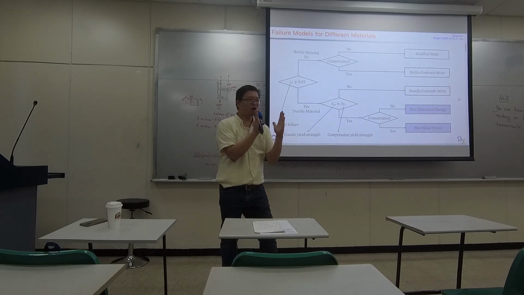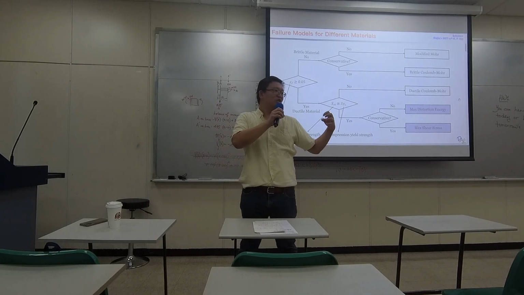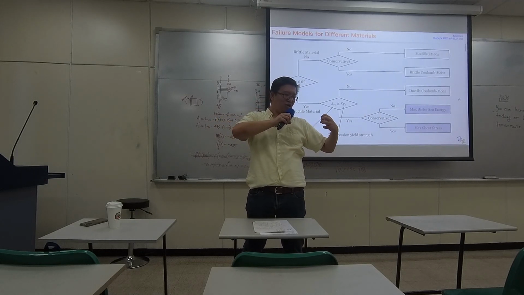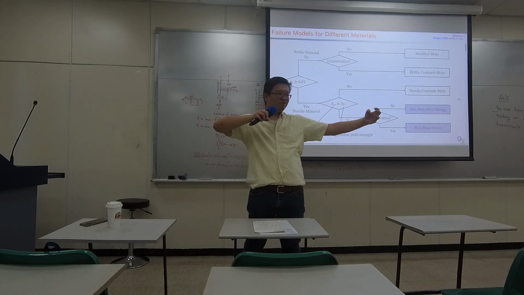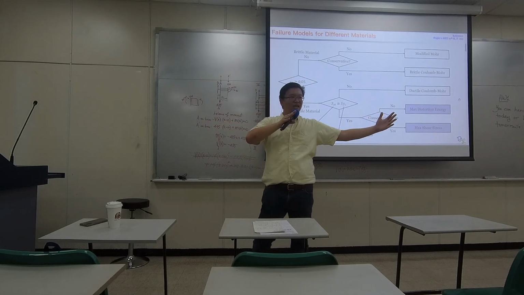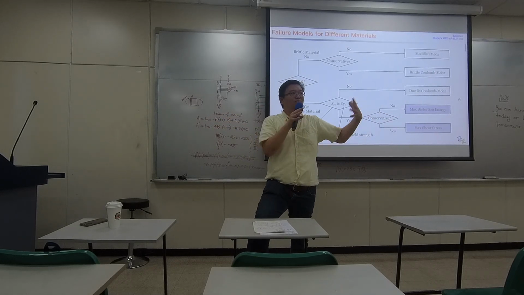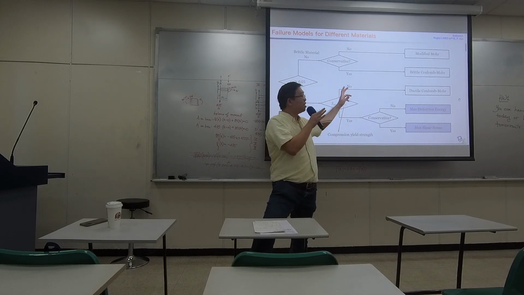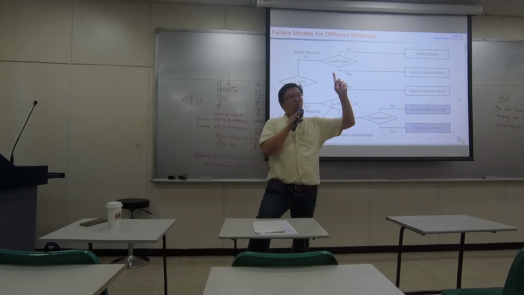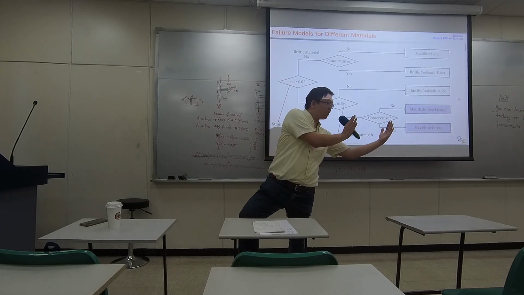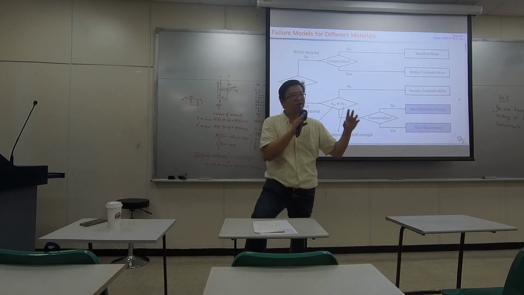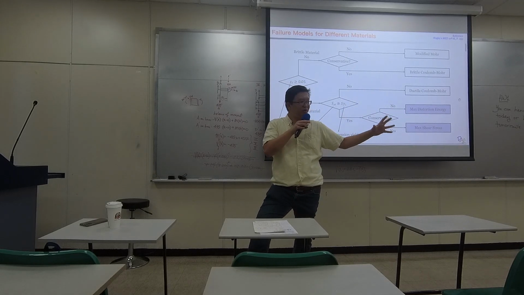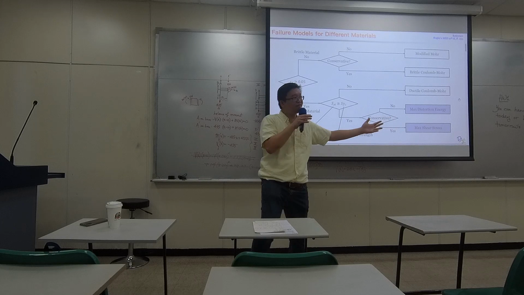So if you have a 1 meter long item, you pull it from left to right, you lengthen it up to 150, and it breaks. Then when it breaks, the strain was 50 deformation over its original length, 50 over 100. So you have 50% of increment of your length.